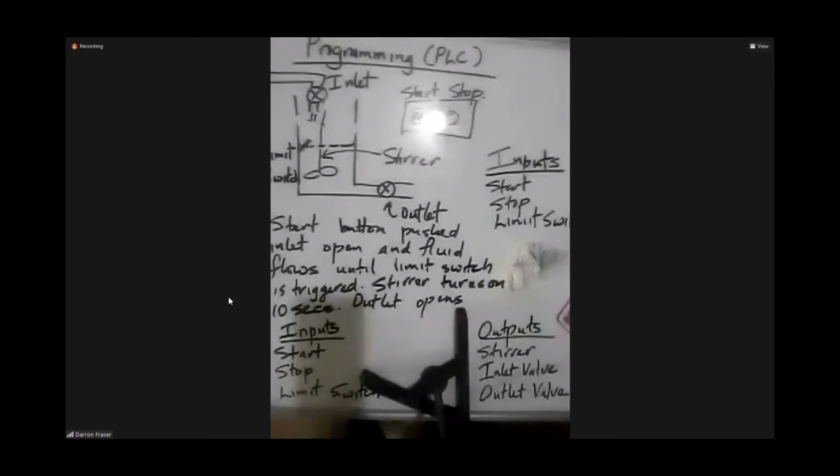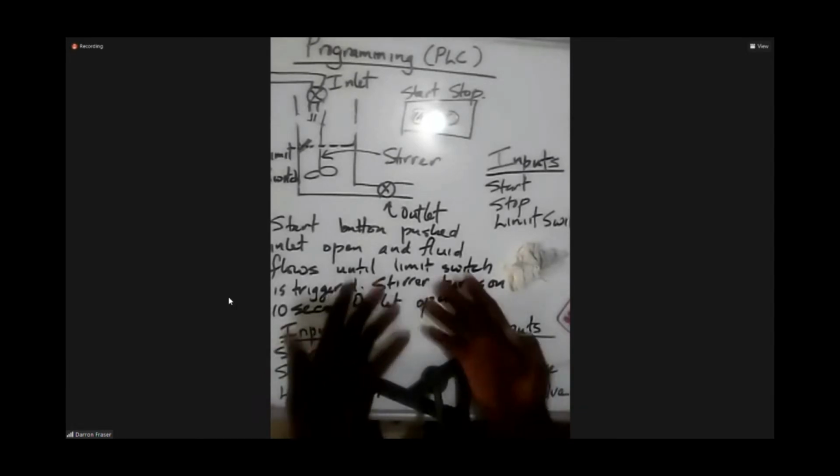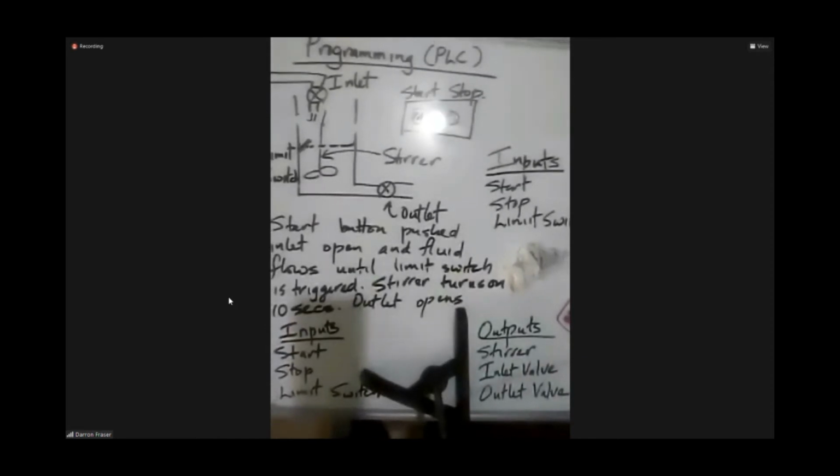What is in front of us here is 3 inputs and 3 outputs. So in this particular case, a $25,000 PLC can suffice rather than go buy, I can't remember the name of the PLC that those people use, Honeywell.